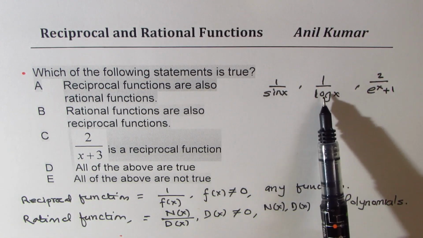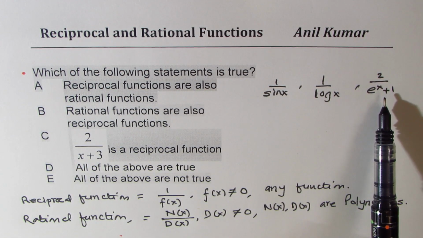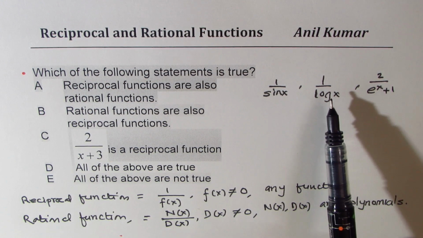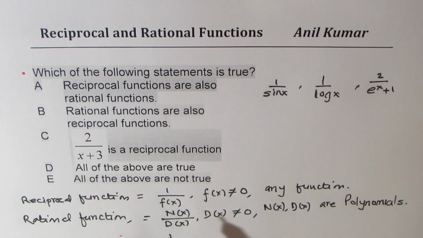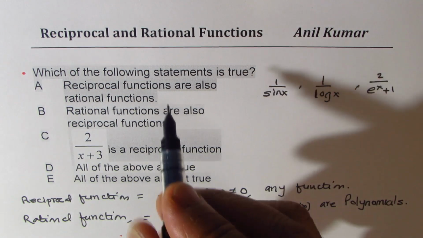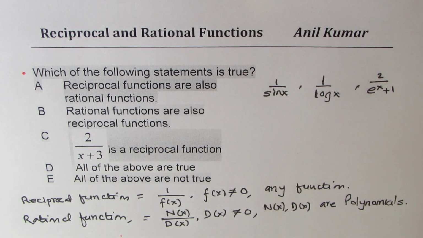Now all these functions are not polynomial functions. However, they could be considered reciprocal functions, right? So they do conform to the definition 1 over f of x. Correct? So this statement is not true. So we have the first statement which is wrong, not true.